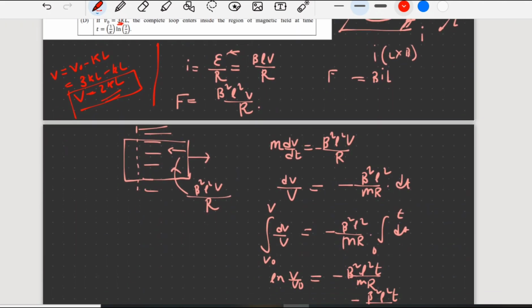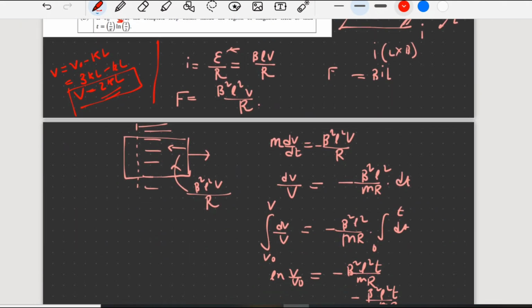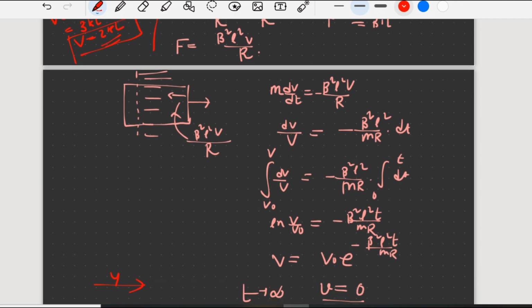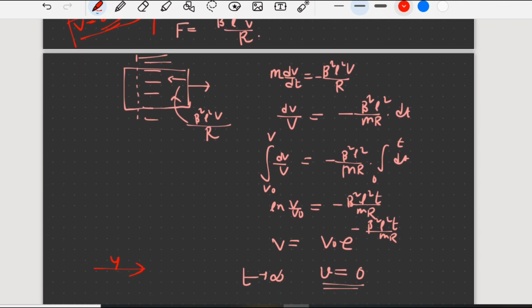Now we have already found out our velocity as a function of time. That function of time is this one we have got. So I know when the loop completely enters the magnetic field, that time the velocity is 2 into k into L.